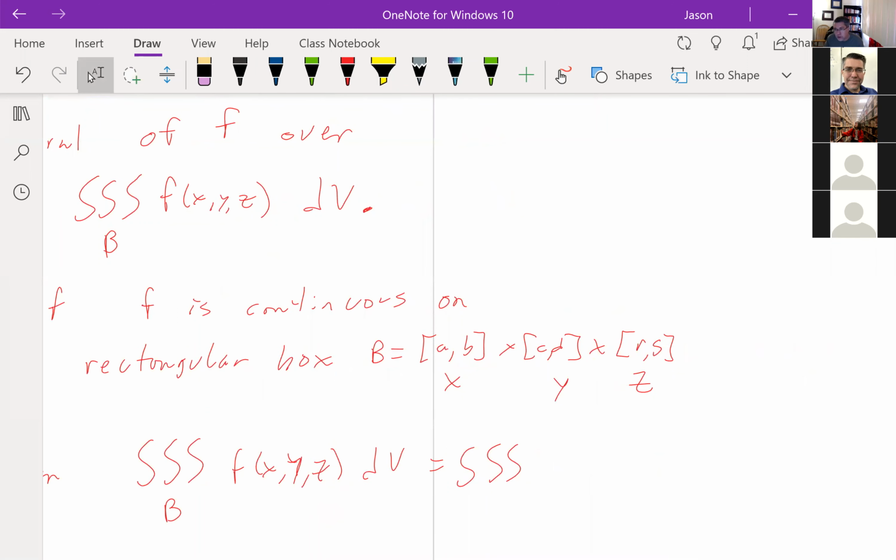Well, it doesn't matter. The order doesn't matter. But it would be nice to chop down one variable at a time, right? So I might do dz, dy, dx.